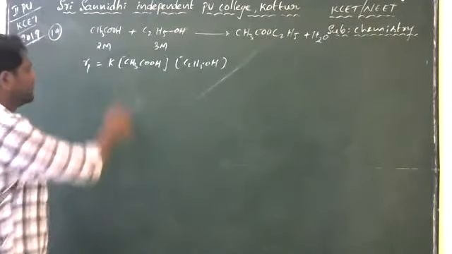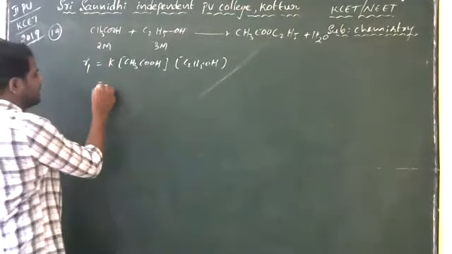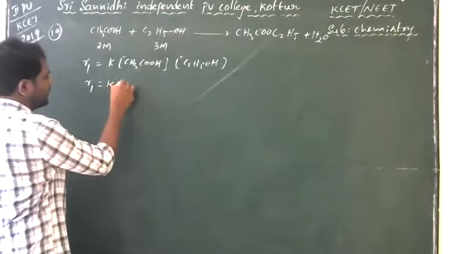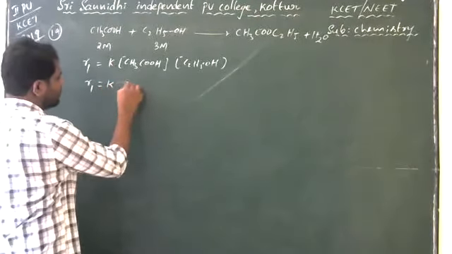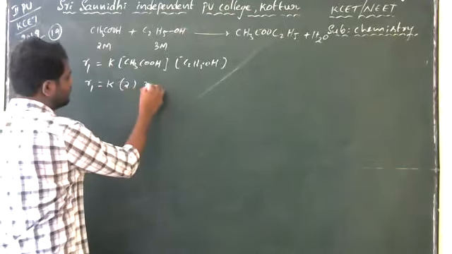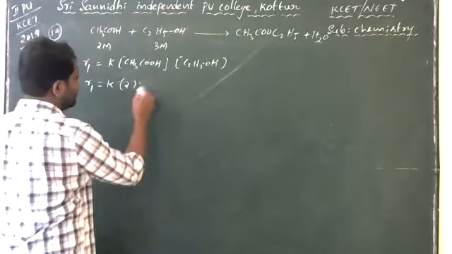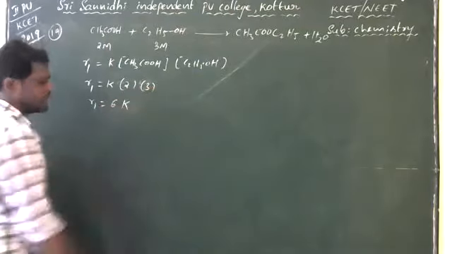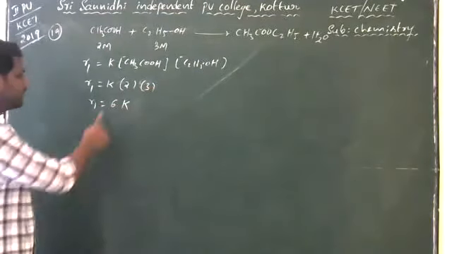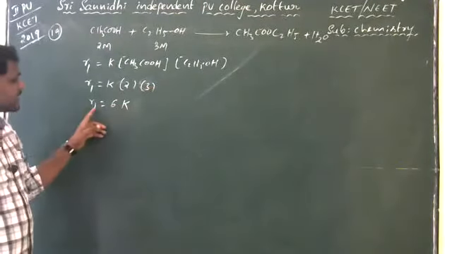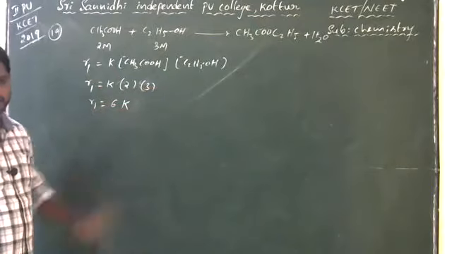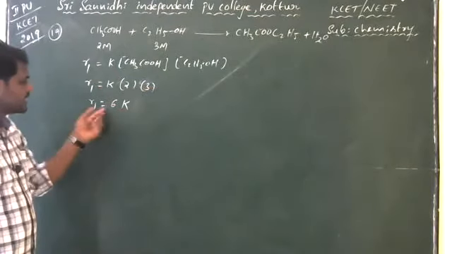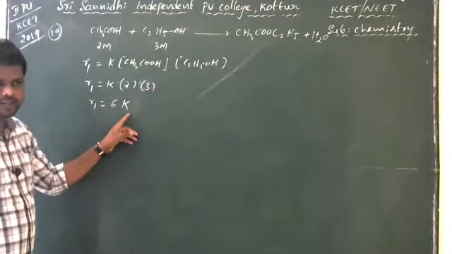Initially, R1 is equal to K into 2 molar into 3 molar, so R1 is equal to 6K. That means the initial rate is 6 times the rate constant. We have solved it simply.